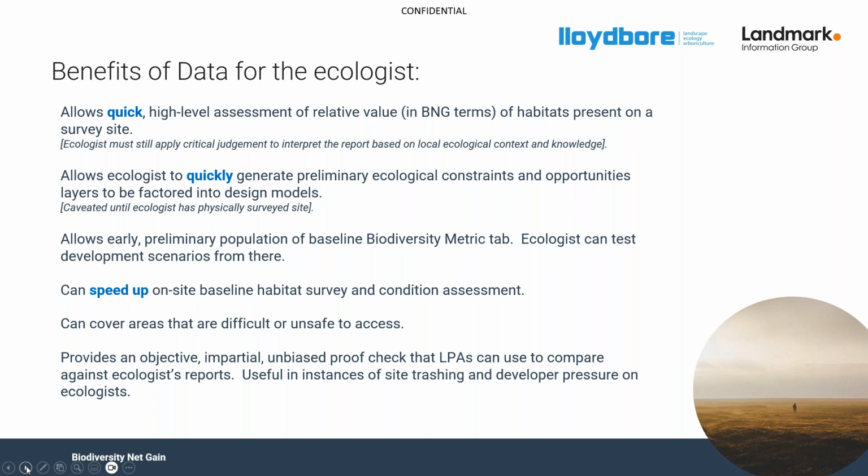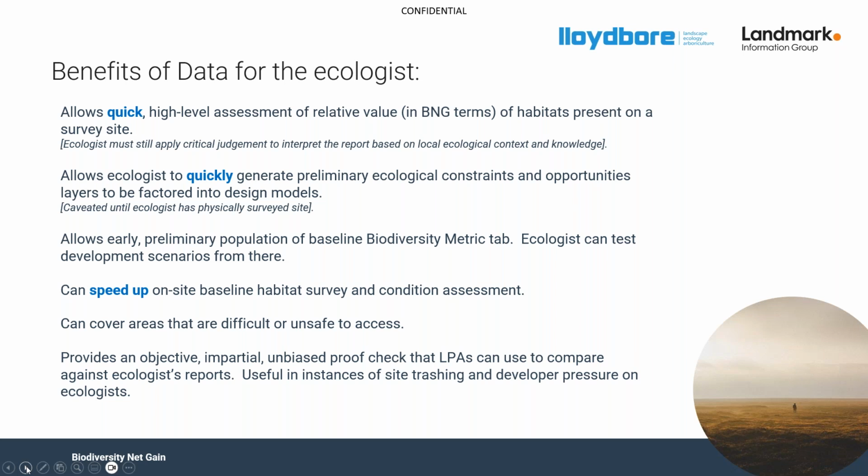An additional benefit for us is that ecologists often have to go into quite dangerous and unusual environments. There's an awful lot of habitats that require survey that involve unstable ground or changing water levels, or are just physically quite hard to access.